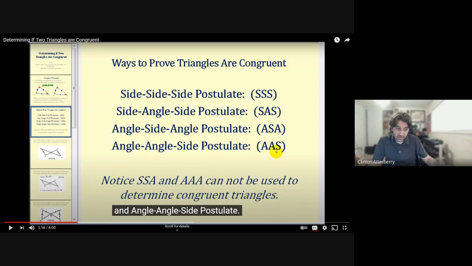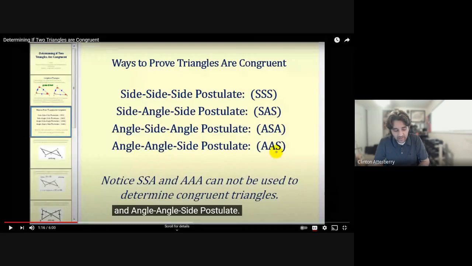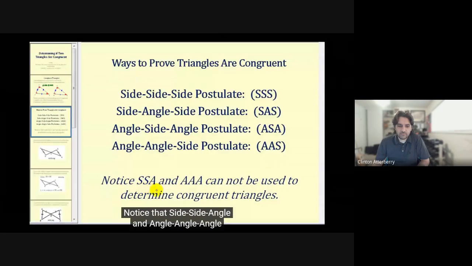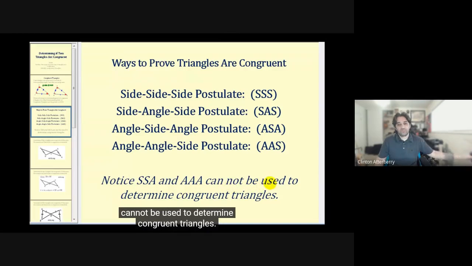A lot of times if you have two sides and an angle, they'll be the same eventually from other information you can put together, but it is not reason enough to say that two triangles are congruent. There are times where you have side-side-angle and they're actually two different triangles that happen to have two side lengths the same with an angle on the outside the same, but they can be drawn and labeled and the size can actually be different. Notice that side-side-angle and angle-angle-angle cannot be used to determine congruent triangles.